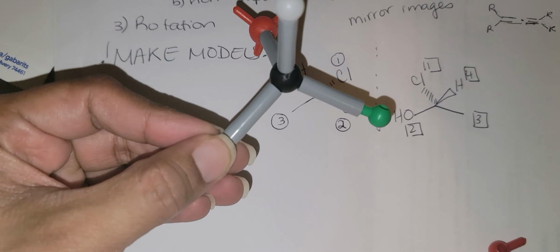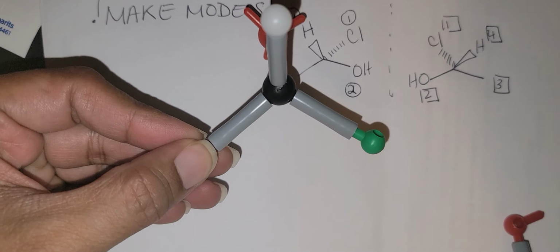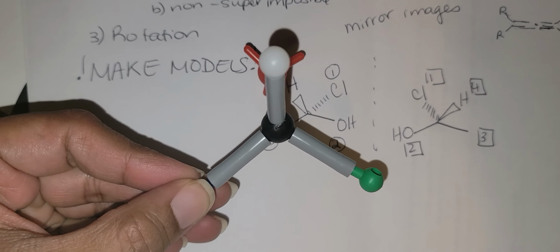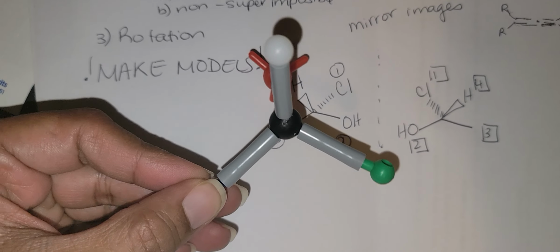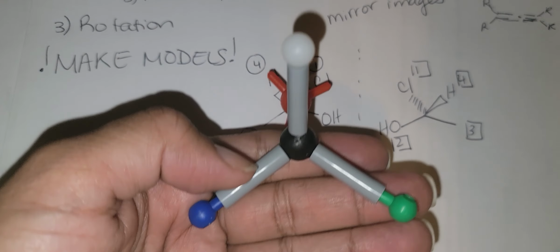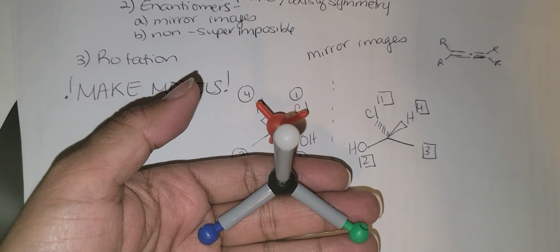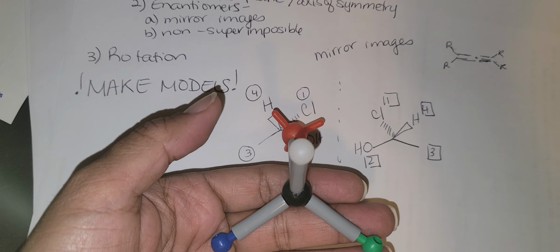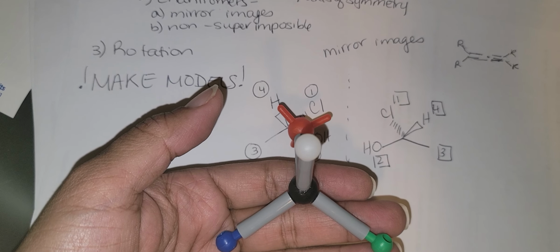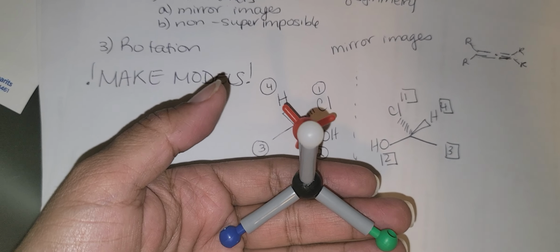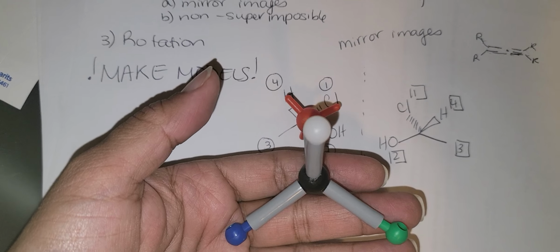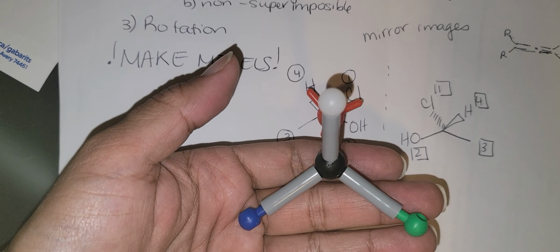So I'm going to use the model. You can see that I have this model, and green is always going to be my lowest priority atom. It's to my right-hand side but flat in front of me, so you can see I have it flat in my hand. And then the hydrogen is coming towards me, the chlorine in the back being my highest priority, red, green being my second priority, blue always being my 3rd priority.